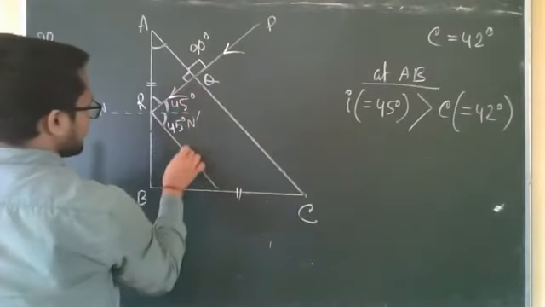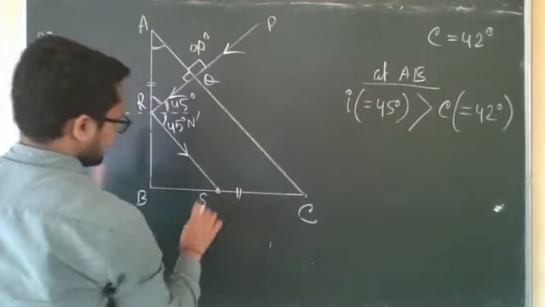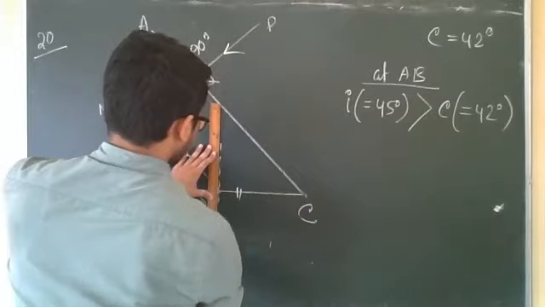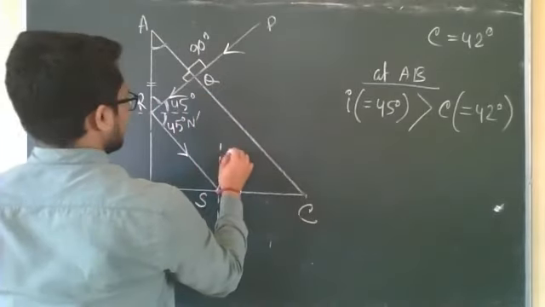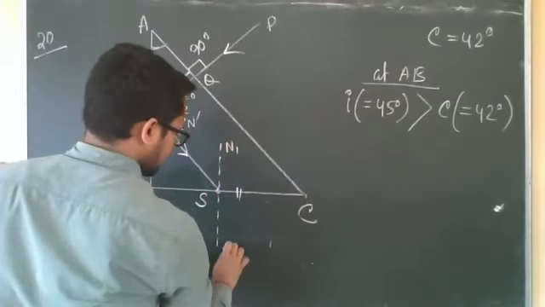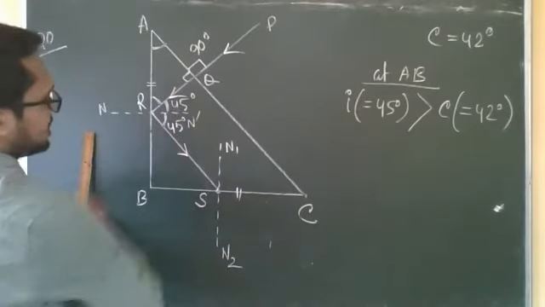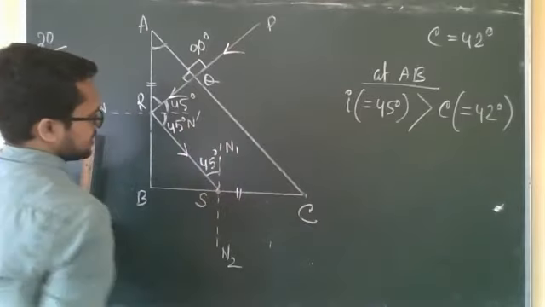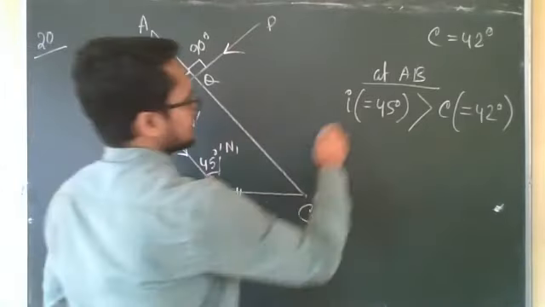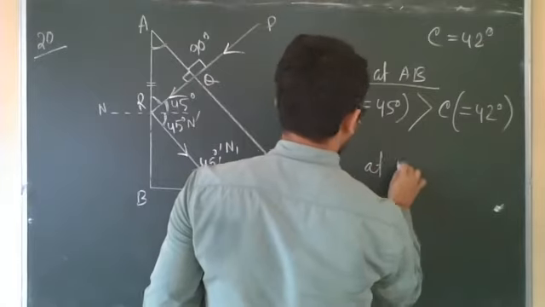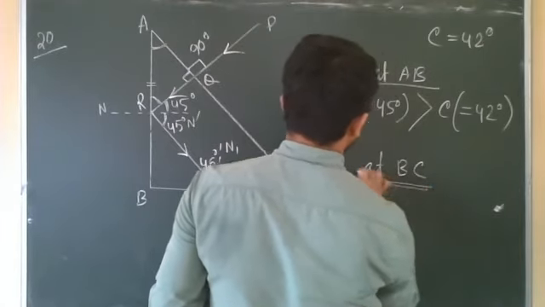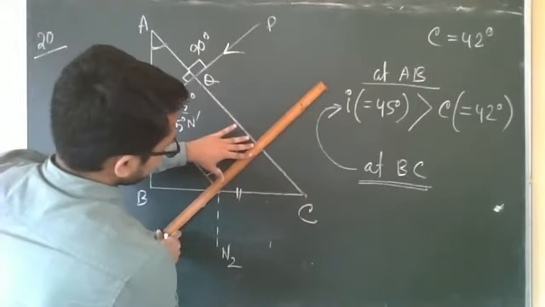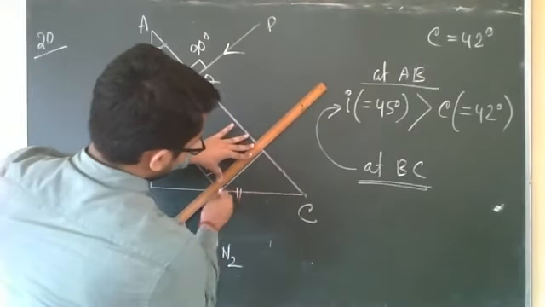Name PQ as R, then here S. Draw the normal again here. This is n prime. Now this is 45, and this one will also be 45 degrees. So again the same thing will occur at surface BC: total internal reflection, and it will go in this way.